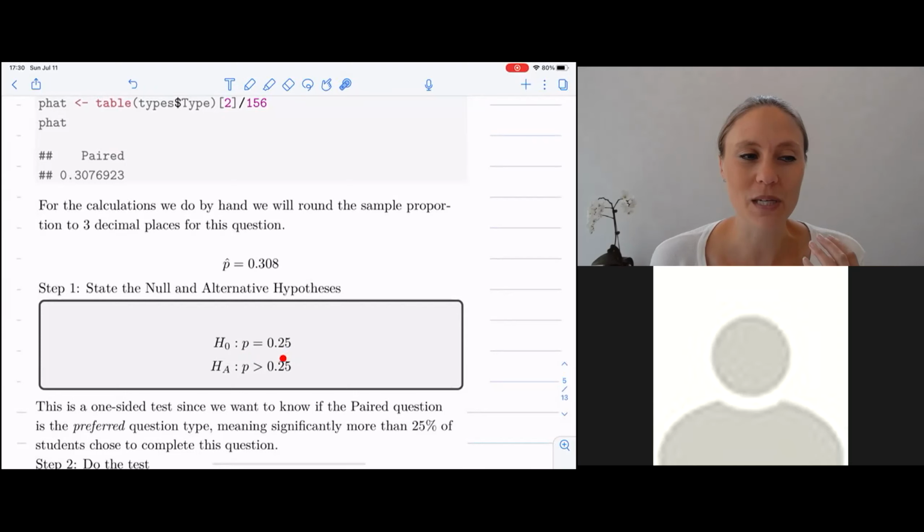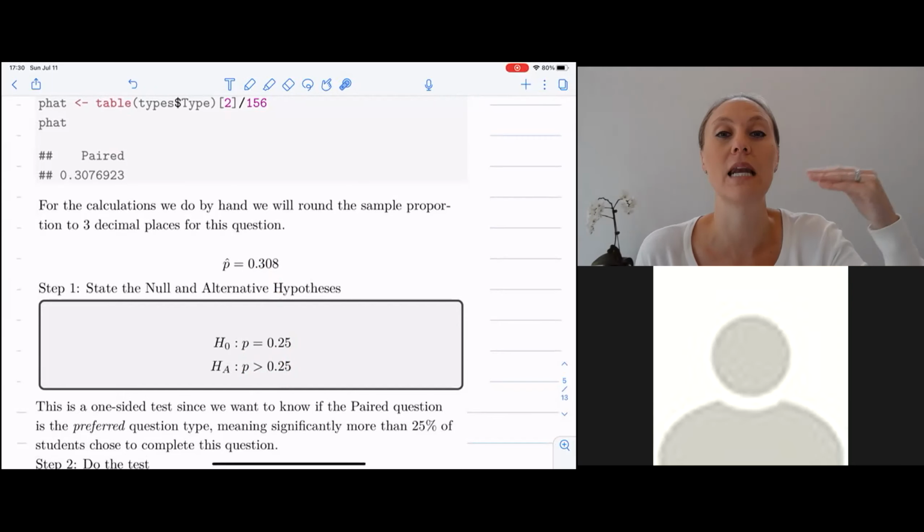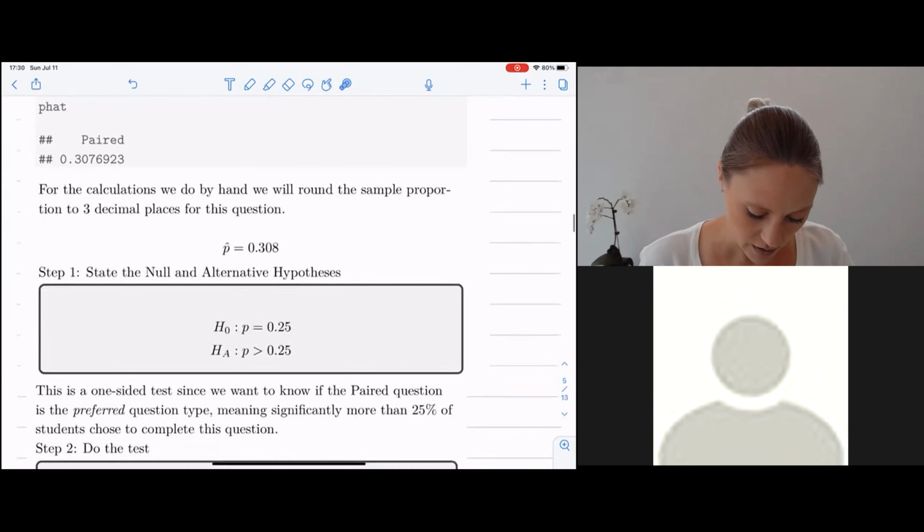And because I want to know if the paired question is the preferred question, what we want to know is did significantly more than 0.25 choose the paired question. Notice 0.308 is larger than 0.25. What we're testing is if it's significantly larger than 0.25, once we take into account the spread.